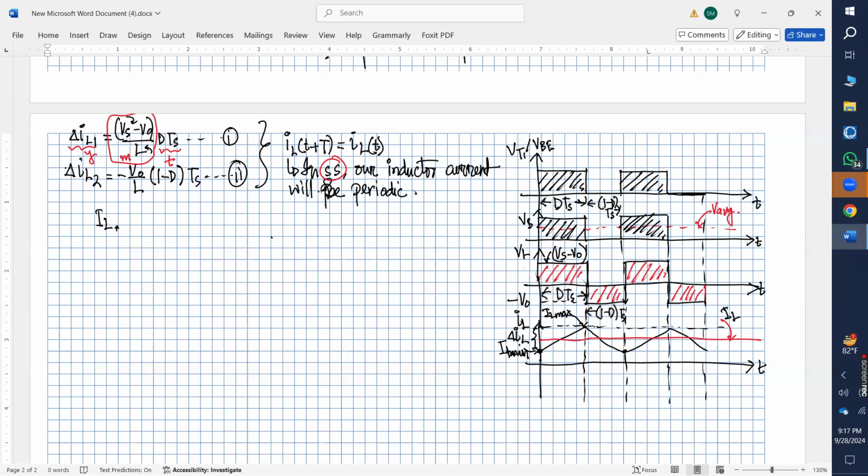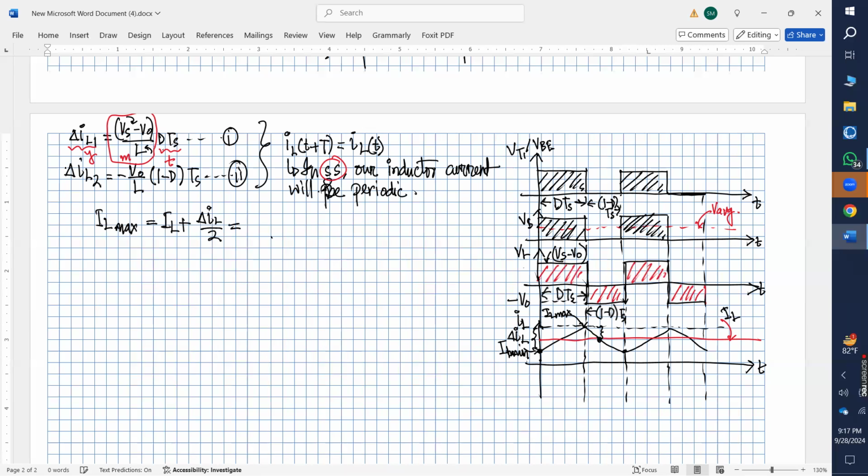IL max is your average value IL, and with that, if you add this magnitude, then you will get IL max, right? What is this magnitude? This magnitude should be half of this total magnitude. So we can write plus del IL over 2.